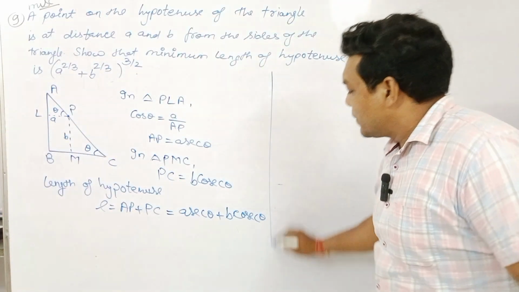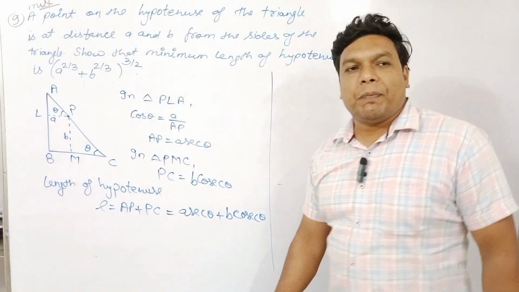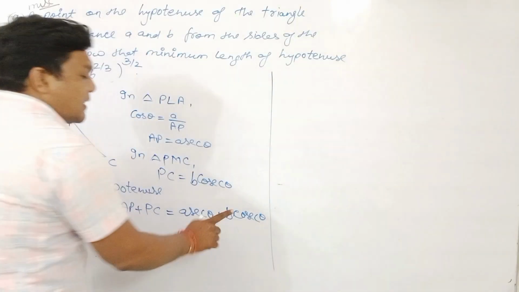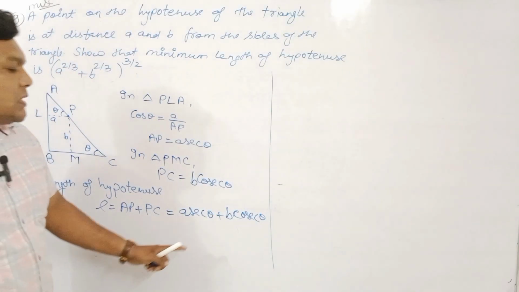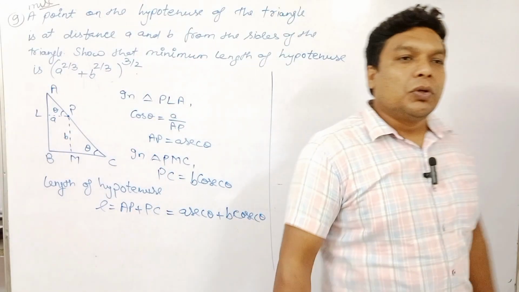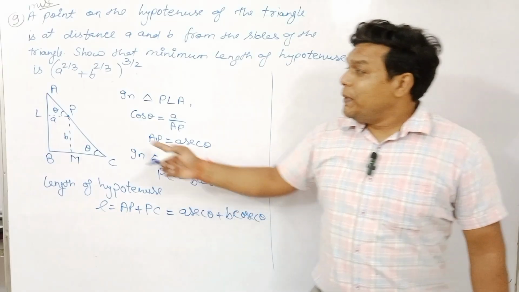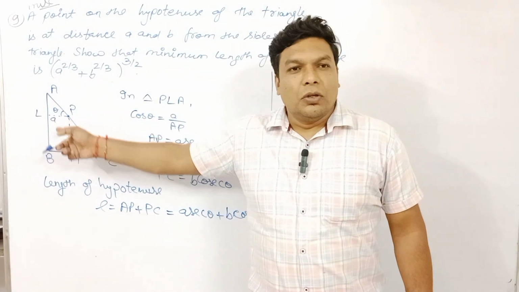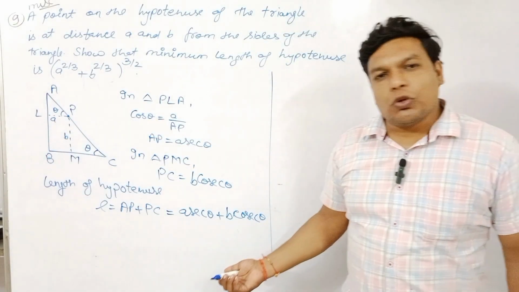Now what is here? We have L equal to AP plus PC, so this is a sec theta plus b cosec theta. How many variables are there? a and b are given quantities, so only theta is variable, so there is no problem.